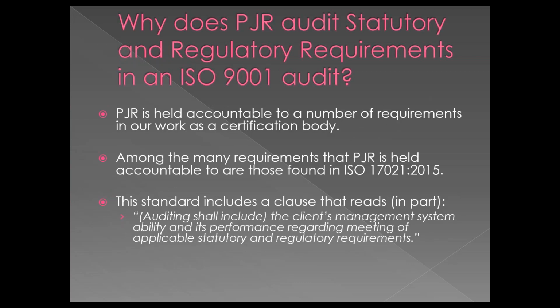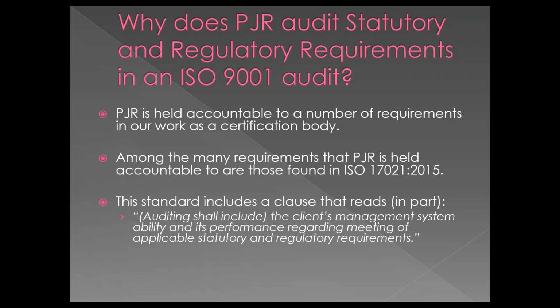So what does all this mean for ISO 9001, and why is PJR bothering with these kinds of requirements? Well, PJR, as I'm sure you are aware, is held accountable to a number of requirements as a certification body. Probably none more important than the ISO 17021 series of standards. The -1 of those standards has a clause within it that reads as follows.